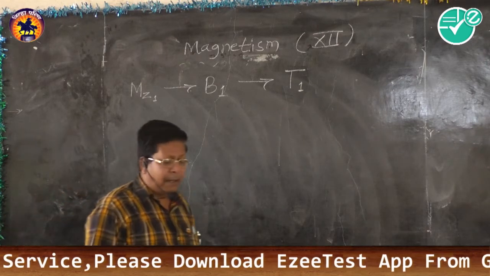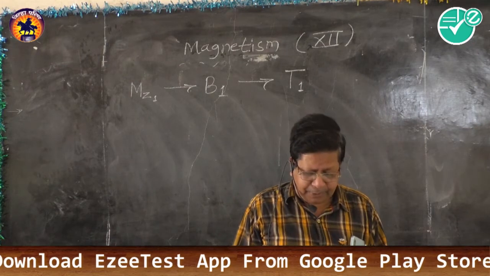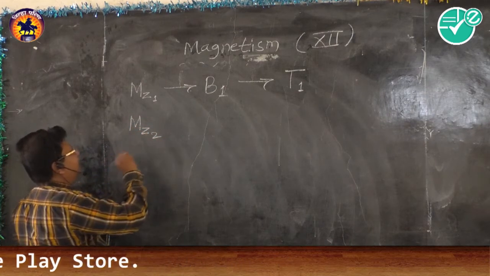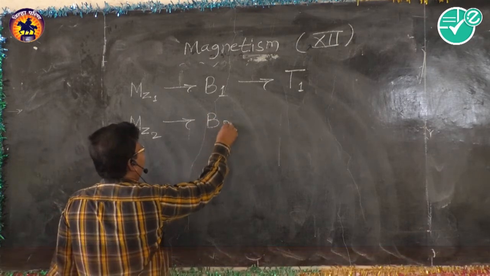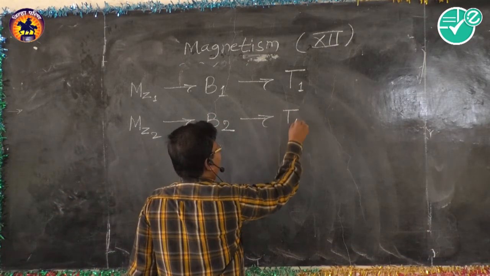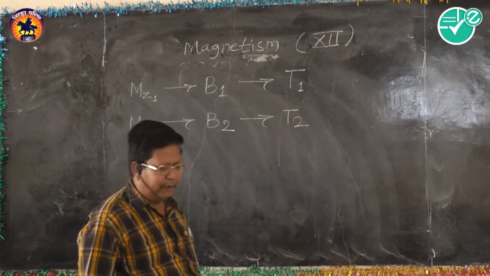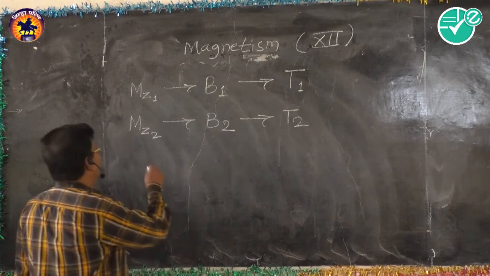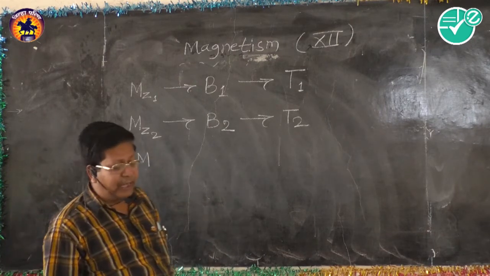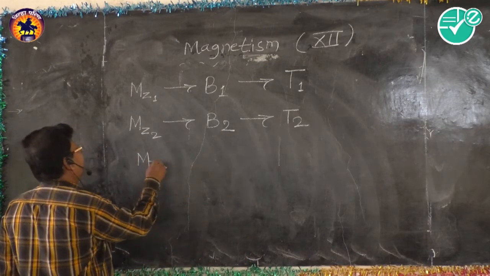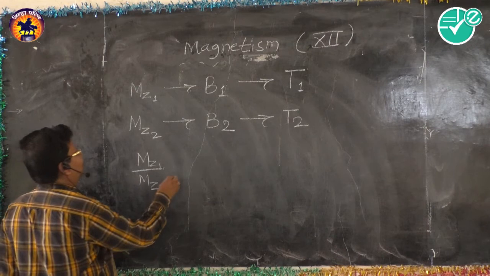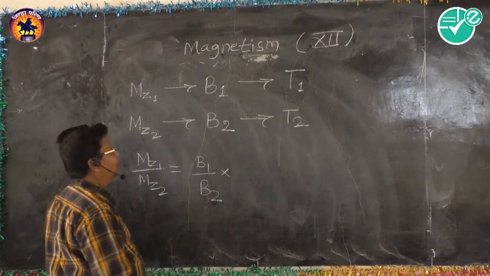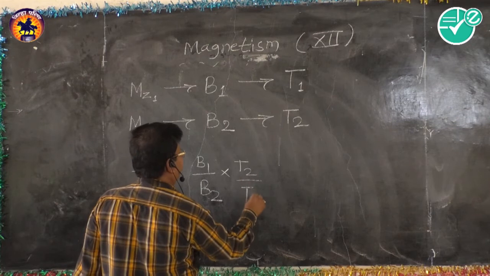For the paramagnetic sample, if the intensity of magnetization is Mz2, the magnetic field is B2 and the absolute temperature is T2, then by using Curie's law we can write the formula Mz1 divided by Mz2 is equal to B1 divided by B2 into T2 divided by T1.